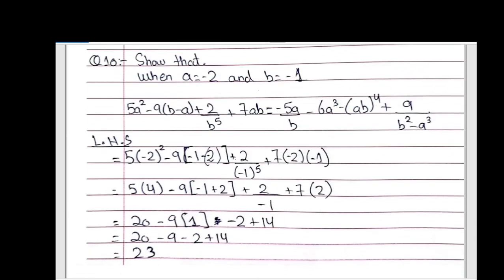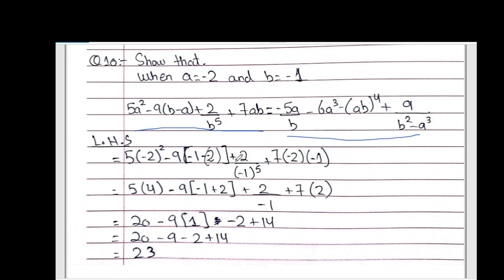When a is equal to minus 2 and b is equal to minus 1, I'm solving the left hand side first. 5 into a power 2, minus 9 times b which is minus 1, then minus a which is minus 2, this is minus and this is a separate minus.